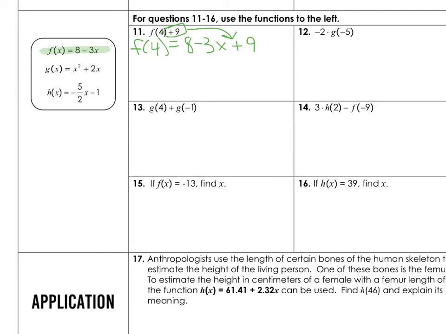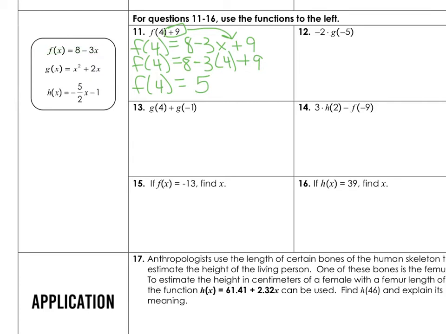I did that the same, and I added the plus 9 onto the end. Now I'm going to plug in my 4. And now from here, you should be able to evaluate that whole thing, and you get 5.